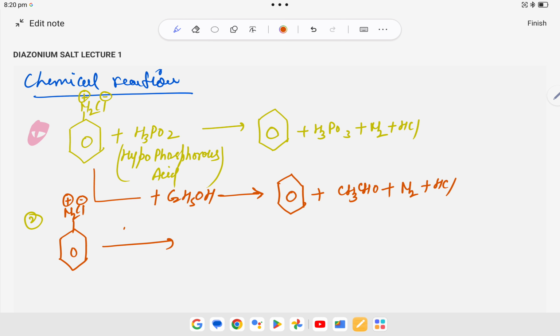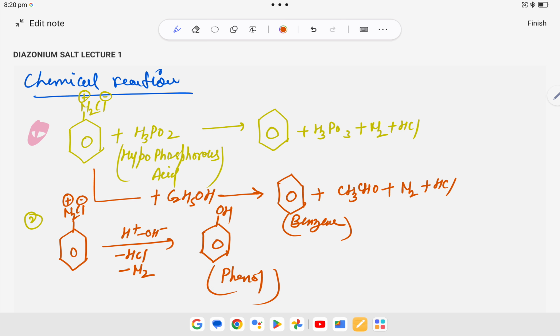If you introduce water, H+ and OH-, with the salt, then HCl is removed, N2 is removed, and phenol is formed. Simply, these are the reactions for the preparation of benzene and phenol that we have discussed. So the first type of chemical property, children, is now completed.